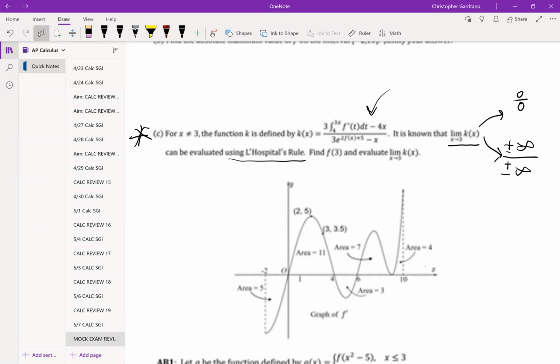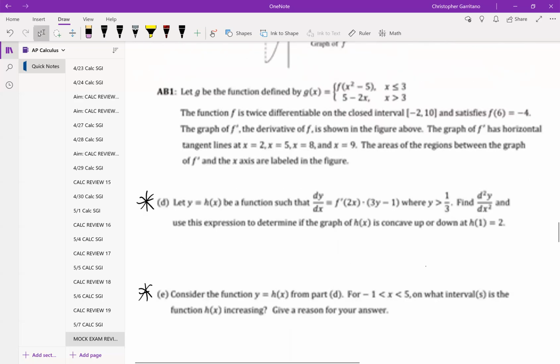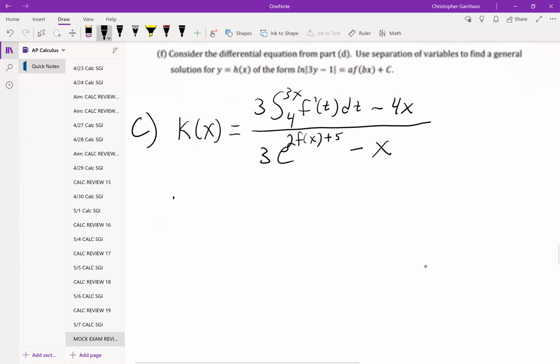So we're not dealing with infinity. Instead, both the numerator and the denominator are equal to 0 when we substitute 3. So going through that logic, this implies that k of 3 must be 0 over 0.